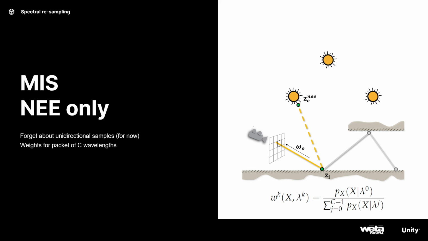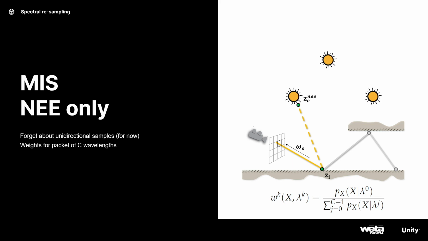So the superscript k now stands for the different wavelength sampling techniques, and actually this formula has already been shown by Jean-Marie in the previous part of the course, so this is nothing new.